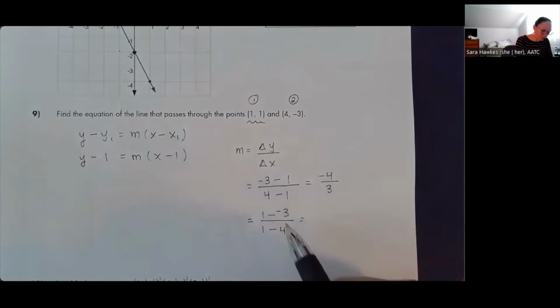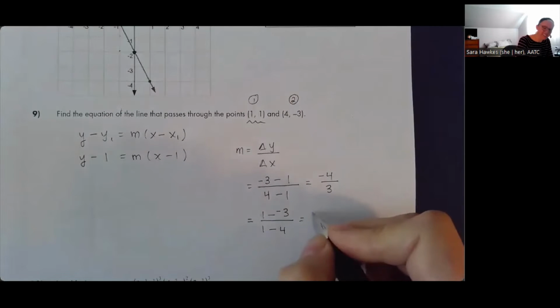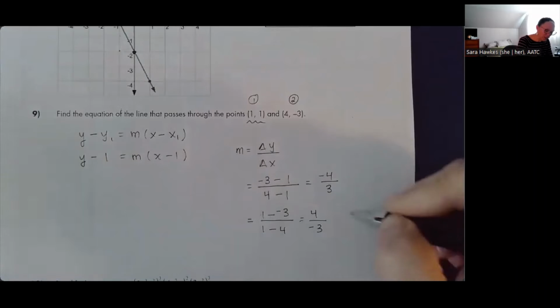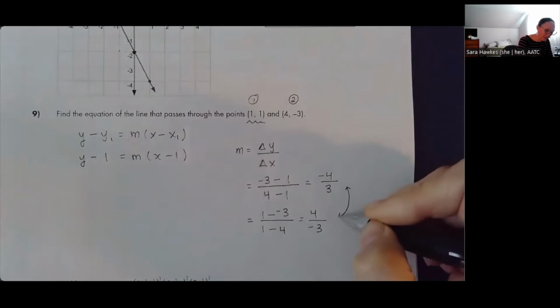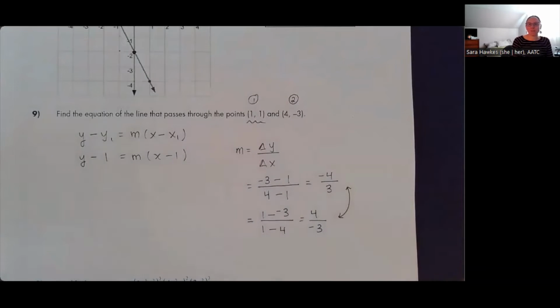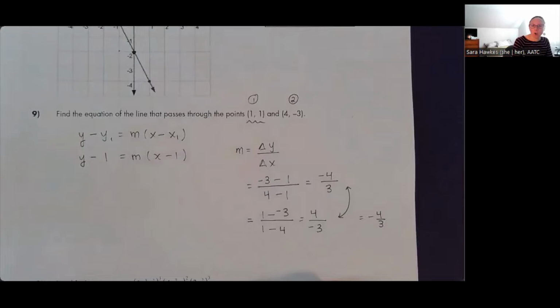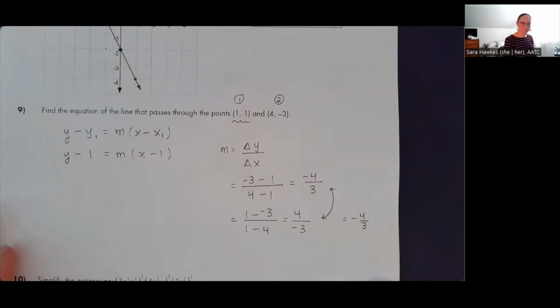And if we do that, 1 minus -3 is the same as 1 plus 3, or 4. And the bottom, 1 minus 4, would give me -3. So these two are the same. We've talked about this a little bit in class. Doesn't matter whether that minus sign is on the top, the bottom, or sitting out in front of the whole fraction. All of those are equivalent forms.